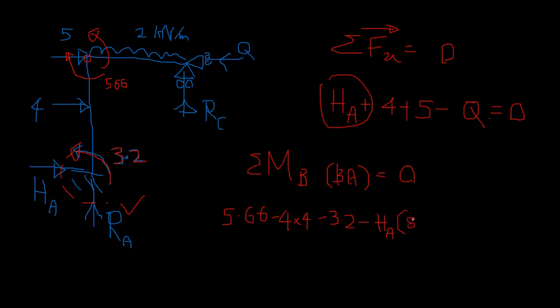The length is 8, equal to 0. So when I simplify this, it's going to be 5.66 minus 16 minus 3.2 is equal to minus 13.54, so that's going to be the other way around.